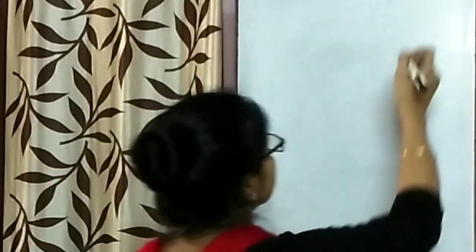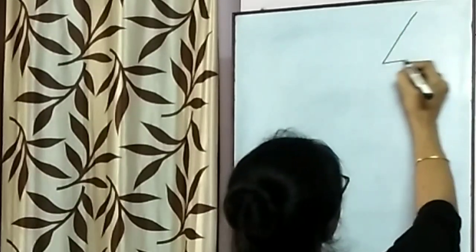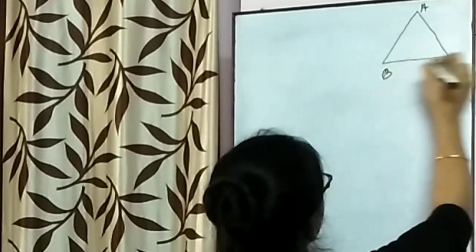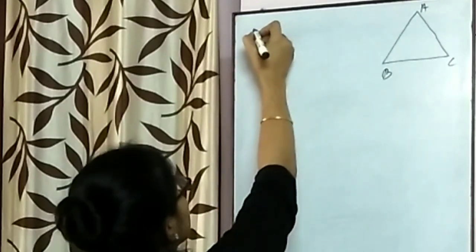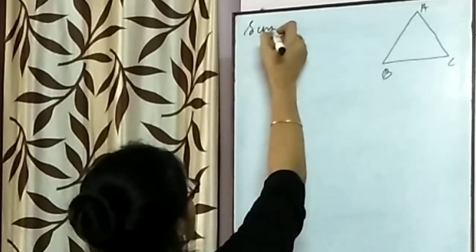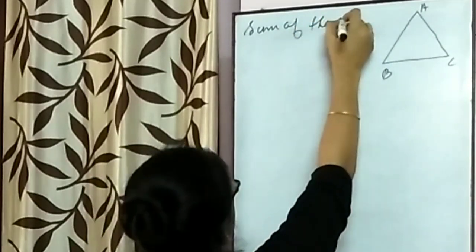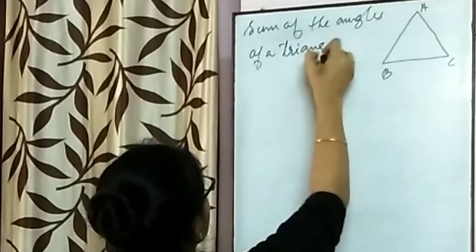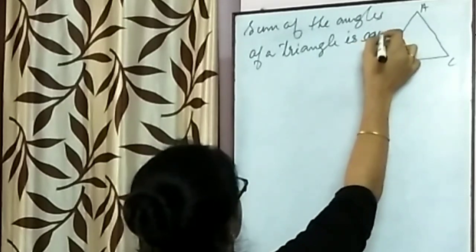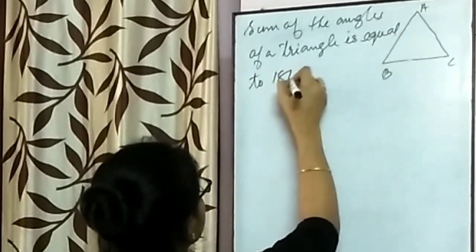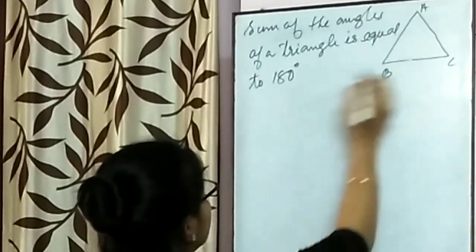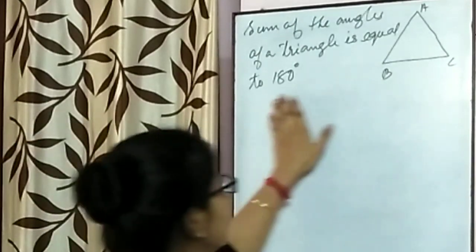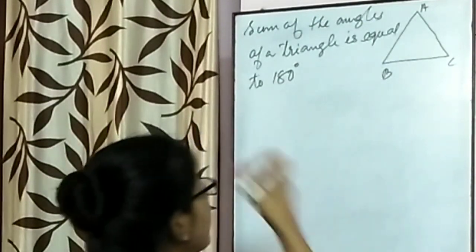The main property of a triangle: A, B and C, the sum of the angles of a triangle is equal to 180 degrees.